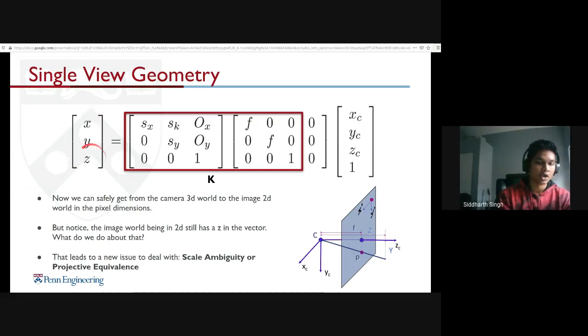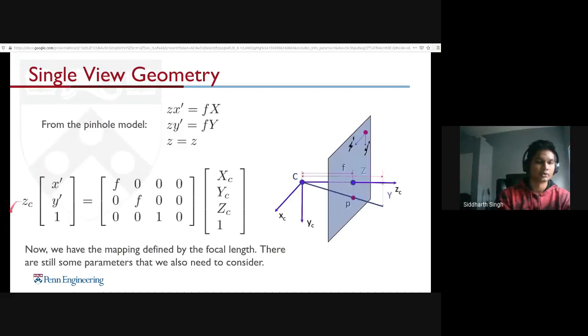Essentially we do have a z, but I'm going to take z out, and when I take z out, this x dash is actually x by z. To make that strong assumption that my image plane is only a unit distance from the optical center, it's not like the ZC vanished.